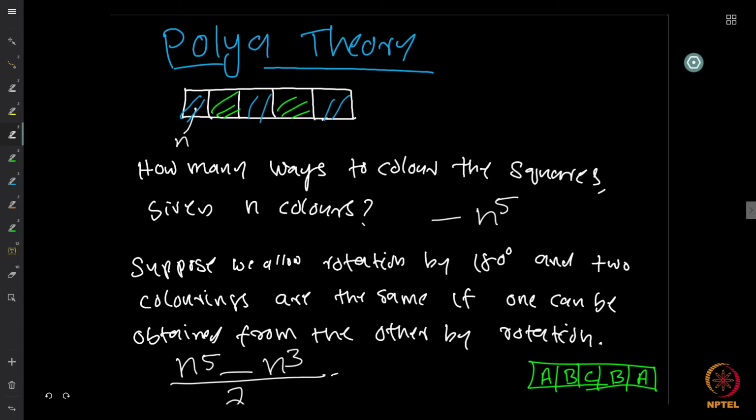On the other hand, I have these n cube colorings which are the same under the rotation also, so I have to add that. So this will be (n raised to 5 plus n raised to 3) by 2. So we get this to be the number of inequivalent colorings, the distinct colorings where two colorings are the same under rotation by 180 degrees.